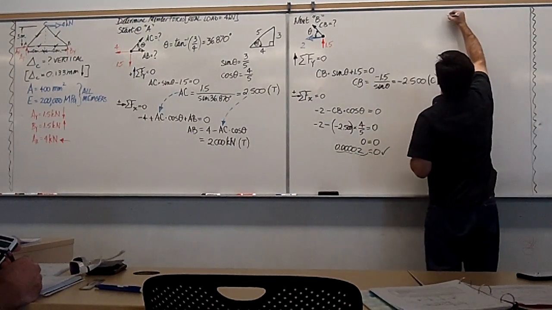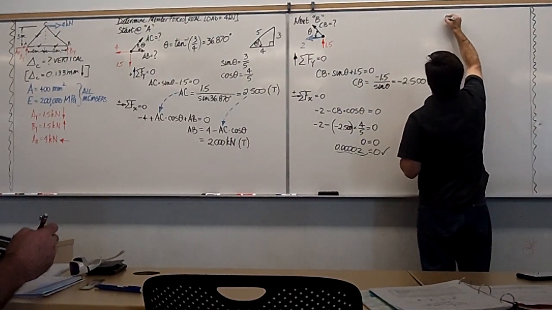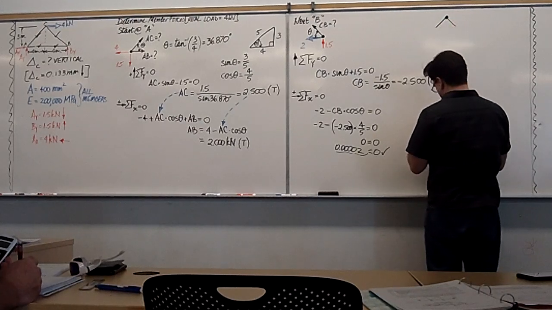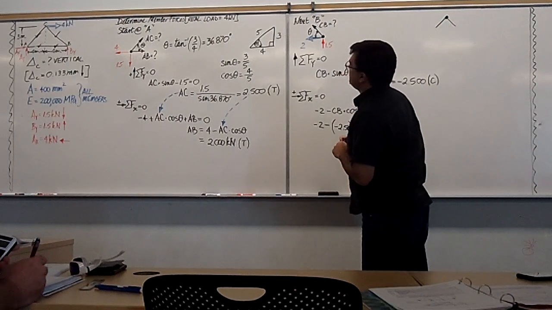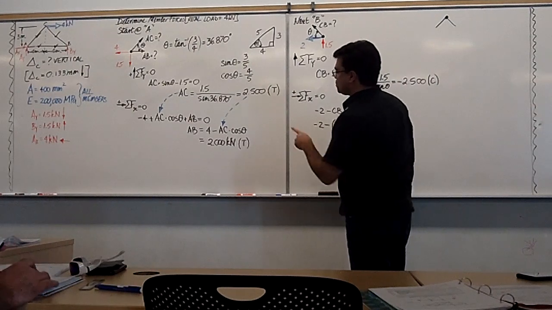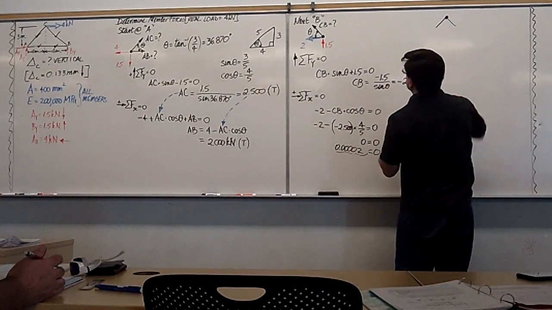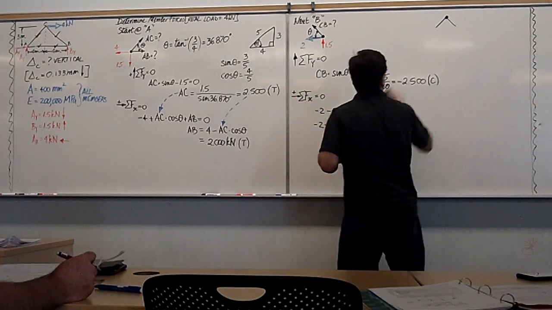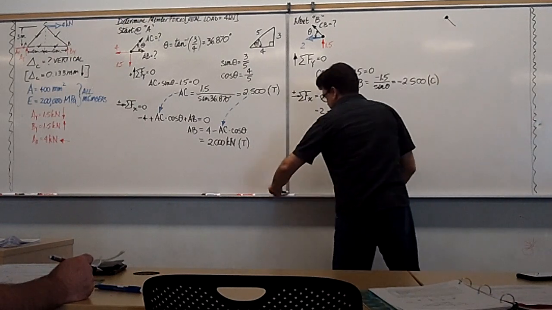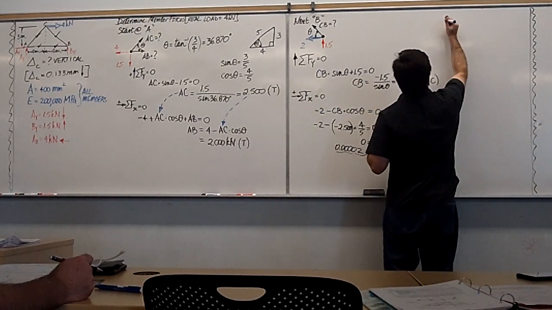So for C, C looks something like this. What do we have? We have CA or AC, which is this value here, 2.5 in tension.